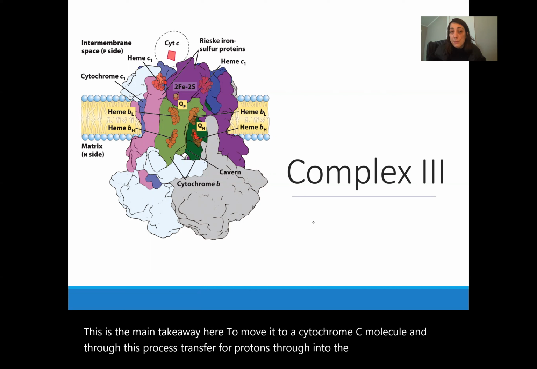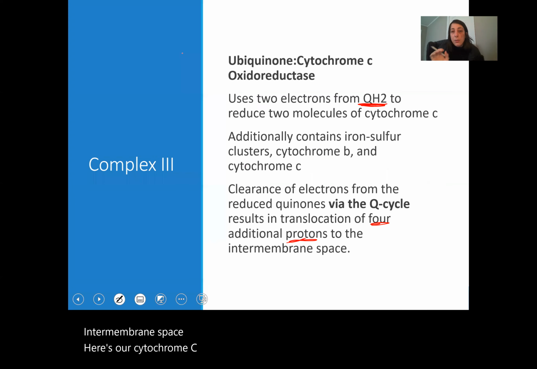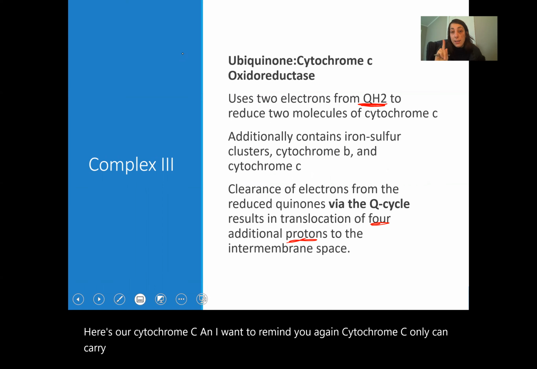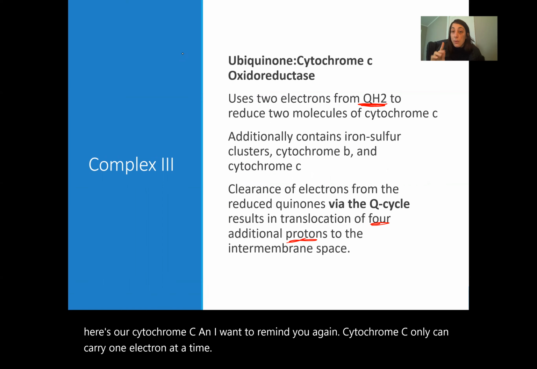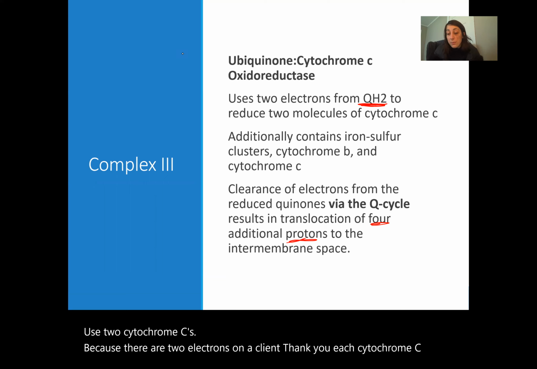Here's our cytochrome C, and I want to remind you again, cytochrome C only can carry 1 electron at a time. So for 1 incoming coenzyme Q, or QH2, for 1 incoming QH2, we have to then use 2 cytochrome Cs because there are 2 electrons on a coenzyme Q. Each cytochrome C only can move 1 electron.